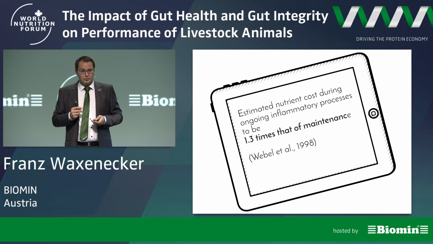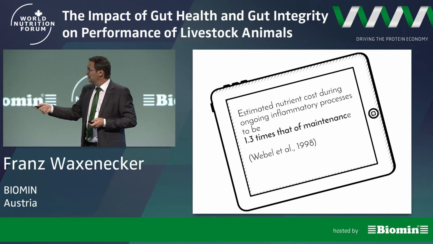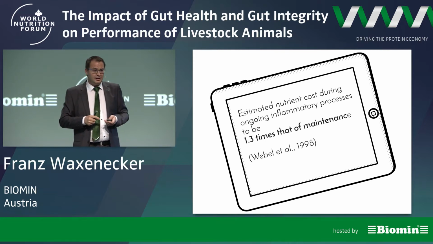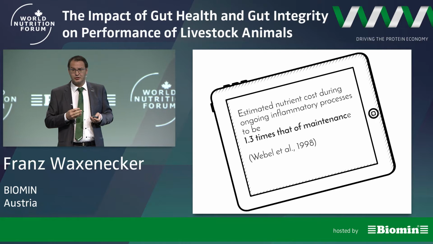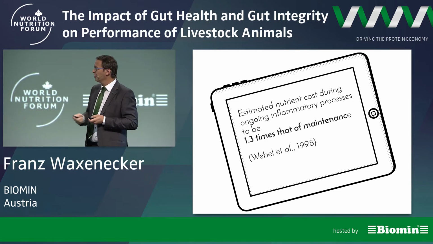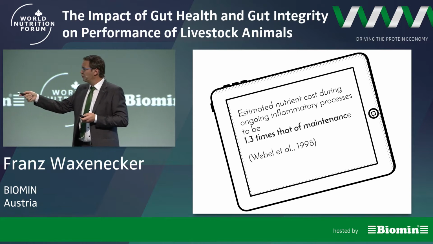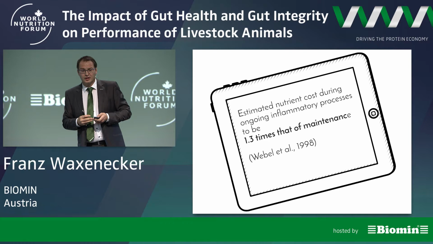Why is this so? Number one, and I will show more examples later, any inflammation, any negative impact on gut health is costly in terms of nutrients. In this case, like Webel said, 1.3 times of maintenance is required if an inflammation is going on.